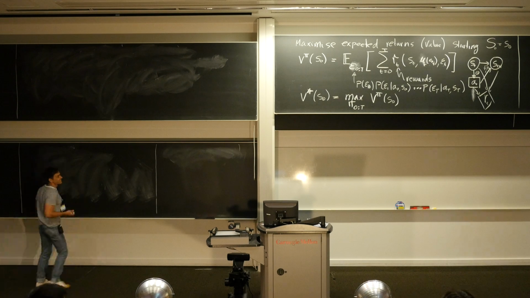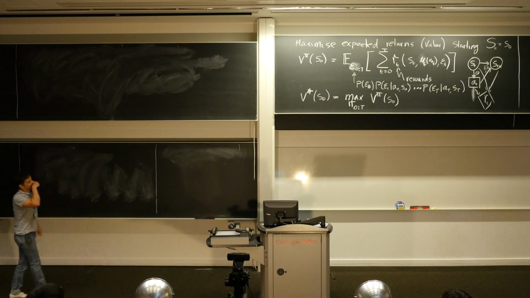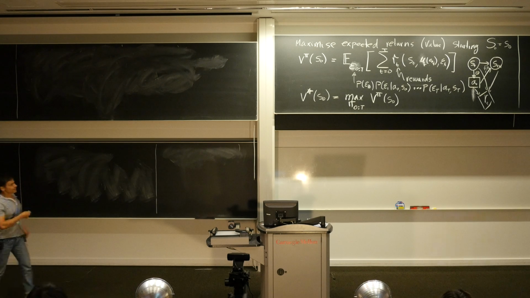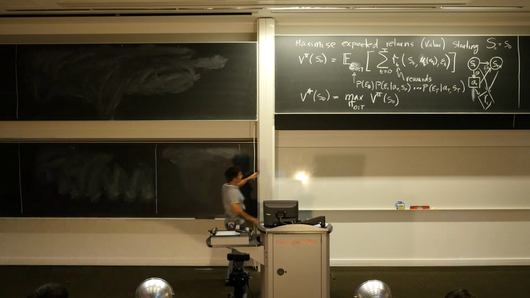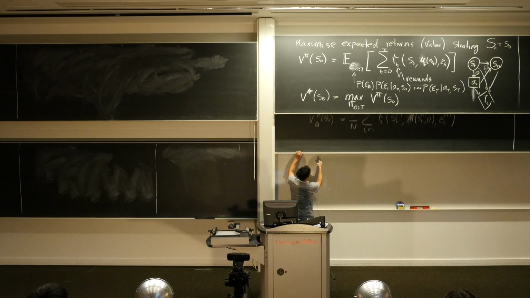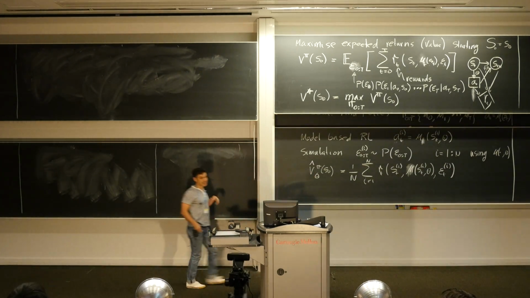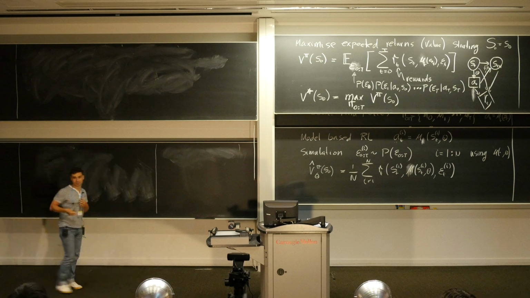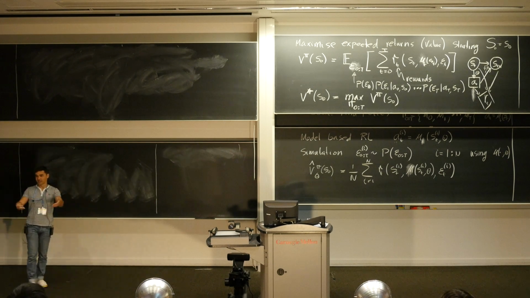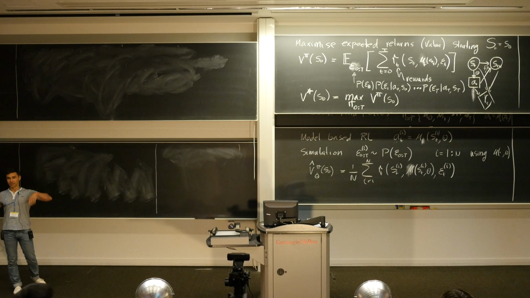All right, thank you. All right, where are we? So we've defined the value function. We've described how to do model-based RL. And now, this requires that you have a model. In a lot of problems you don't have a model, but you're acting on the world, and you're learning a model as you go.